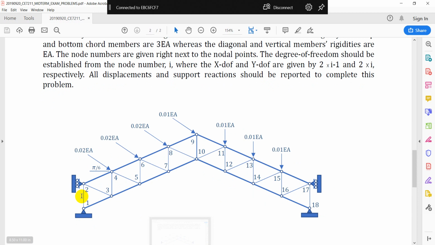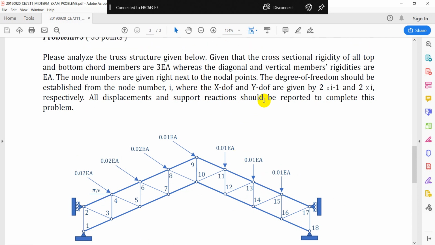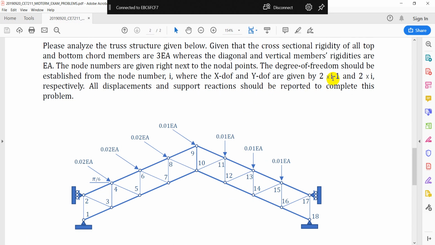So I instruct you that the degree of freedom should be determined from the node number multiplied by 2, minus 1 for the x DOF, without minus 1 for the y DOF. For example, the node number 7, then the x DOF is going to be 14 minus 1, 13, and the y DOF is going to be 14, right?